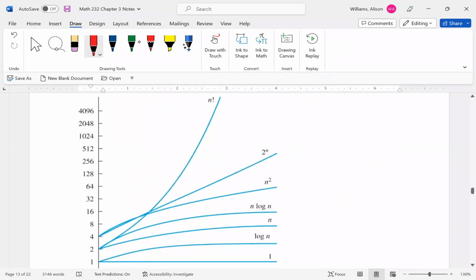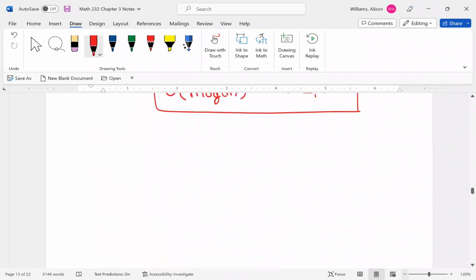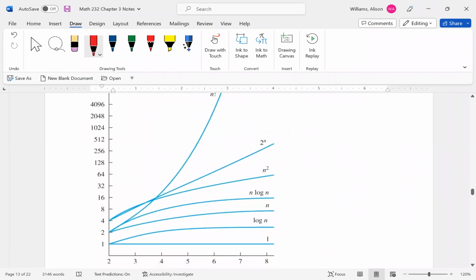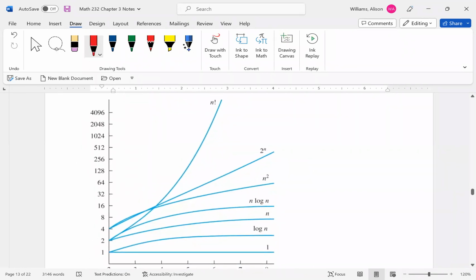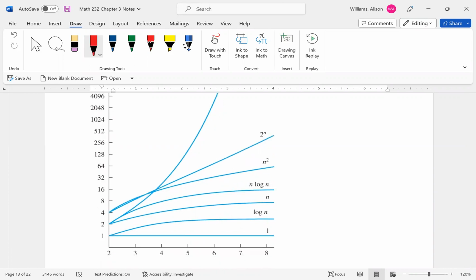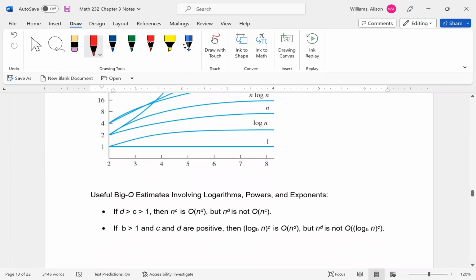Okay, so the book does have, here, let me zoom out a bit, a nice little picture that shows the different relationships between the functions, just so you can see which ones are bigger versus smaller. And then they make some nice statements about the functions that are going to be true. So for instance, if we happen to be working with d and c as exponents, the smaller one works as big O, but the larger one does not.